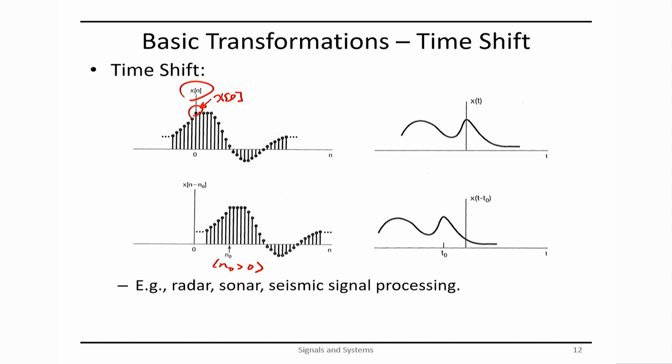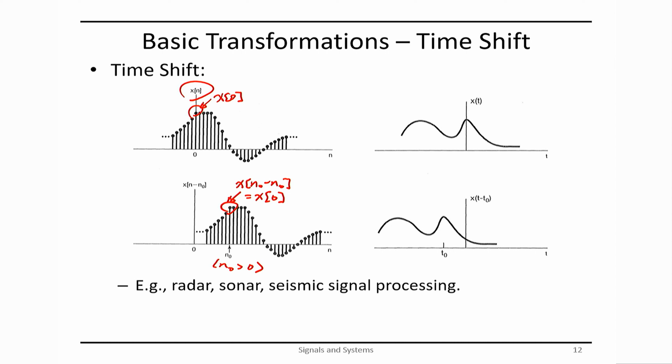So when n is equal to n naught, plugging this inside gives you the value x of 0, okay? So this point here is x of n naught minus n naught, which is x of 0, okay? So you can also make the same observation for other points as well, okay?